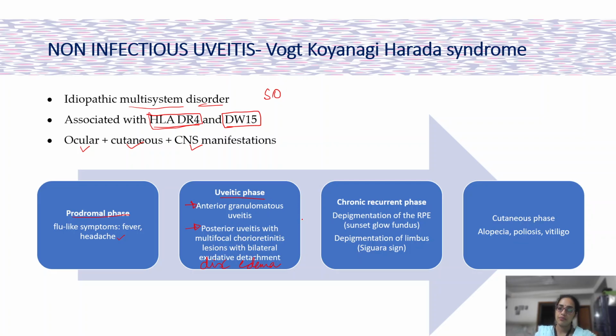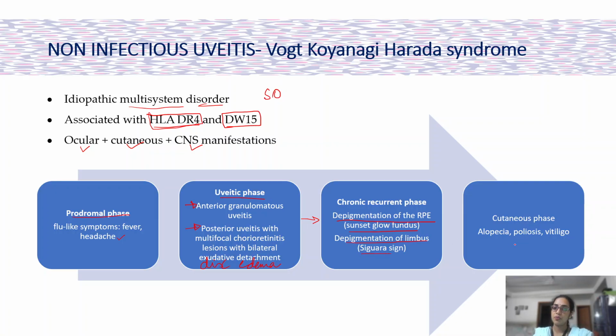So with time, this might come down, and there is depigmentation of the RPE, which is referred to as the sunset glow fundus, which gives an indication that the disease is in chronicity, but it is still active. Okay, then there's depigmentation of the limbus, which is known as the Sugiura sign.